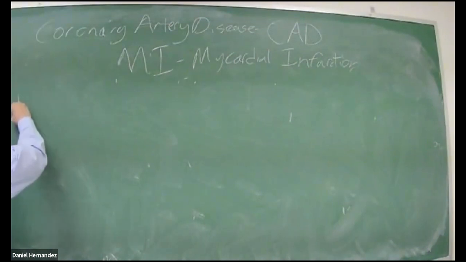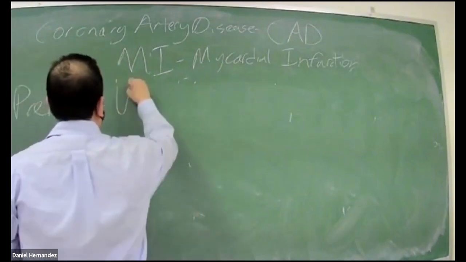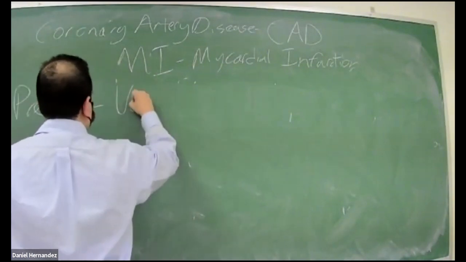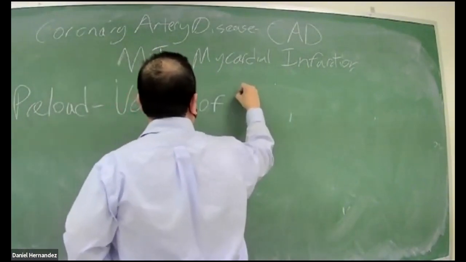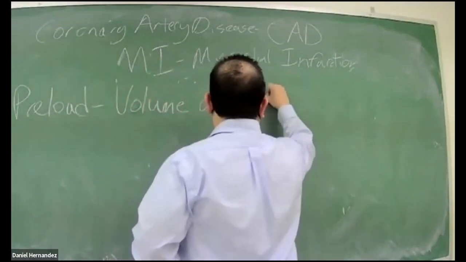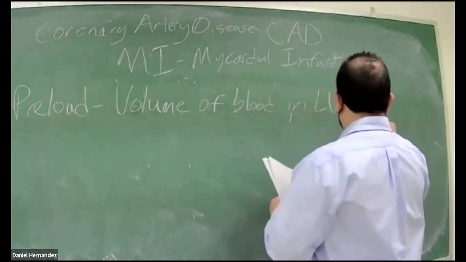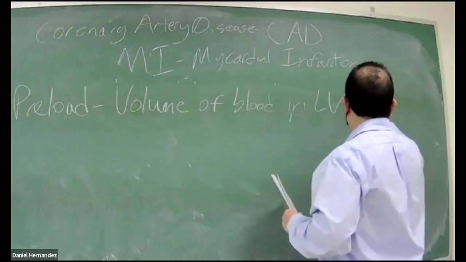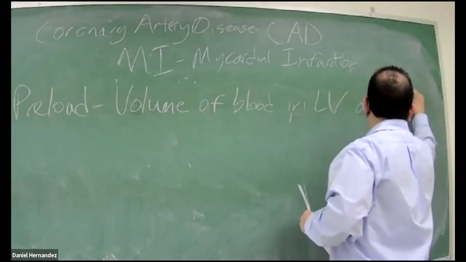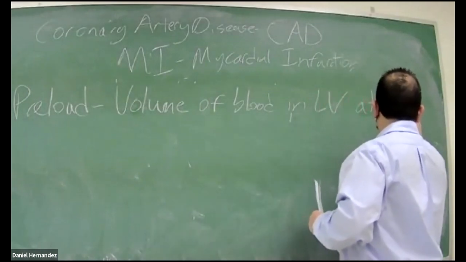So again, another determinant is preload. This is the volume of blood in the LV at end diastole.